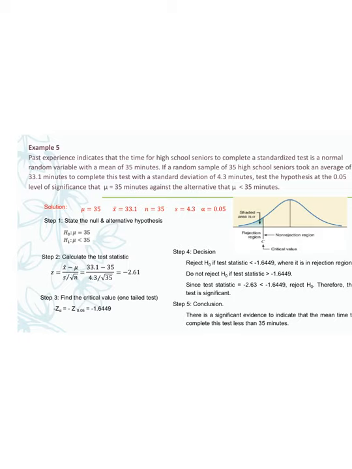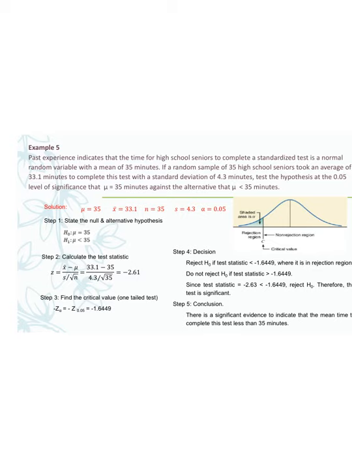A random sample of 35 high school seniors took an average of 3.1 minutes to complete this test with a standard deviation of 4.3 minutes. Test the hypothesis at the 5% level of significance that mu equals 35 minutes against the alternative that mu is less than 35 minutes.